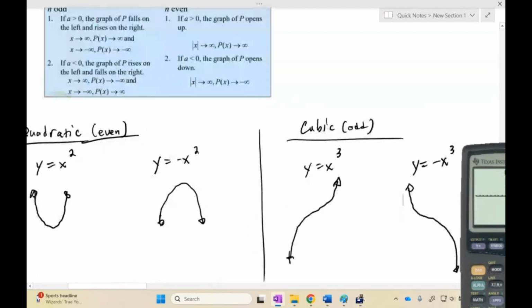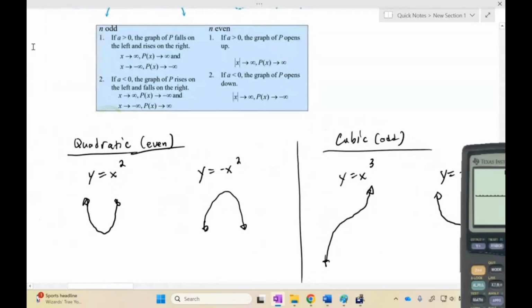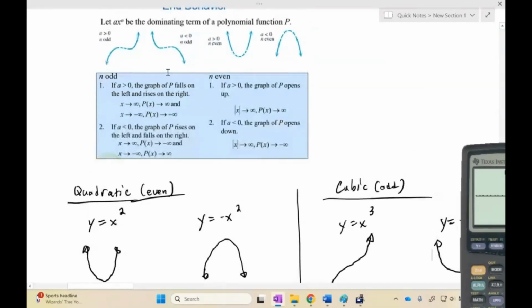up here is the theory. It's split into two groups. You have an n where the n is odd, and the n is just your largest power.